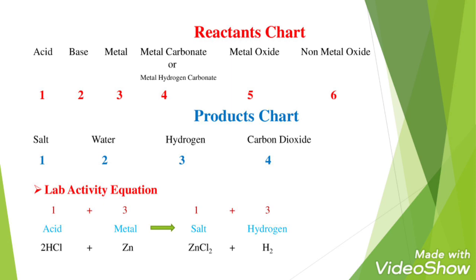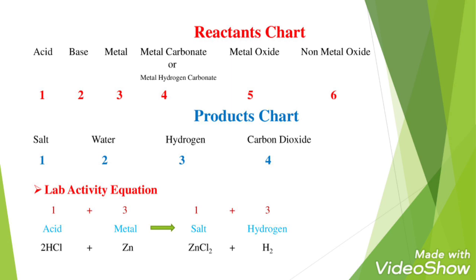Now moving to topic 3, lab activity equation. Take a look at the reactants chart and products chart. I am taking reactants and products from the lab activity and activity 4, activity 5, activity 6.